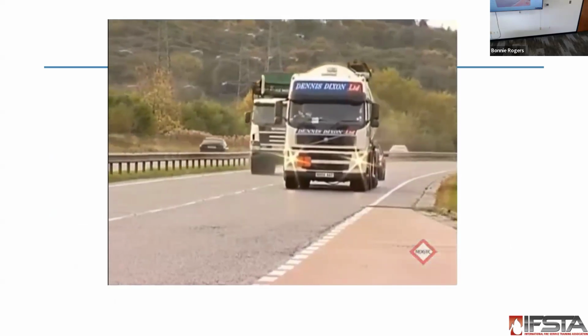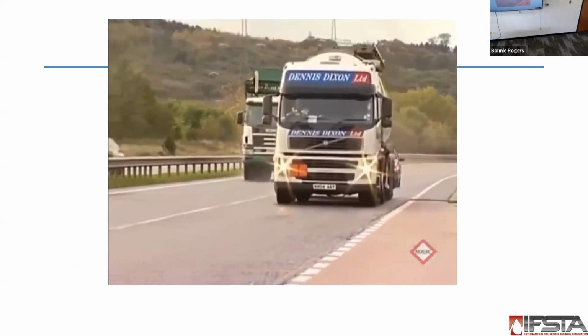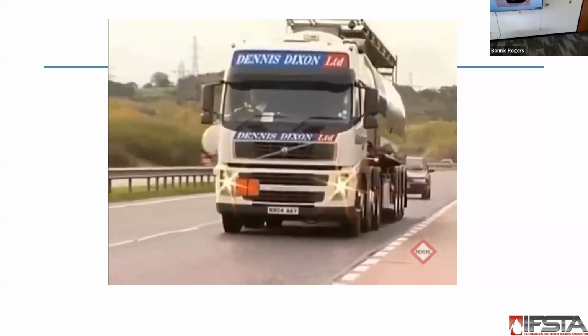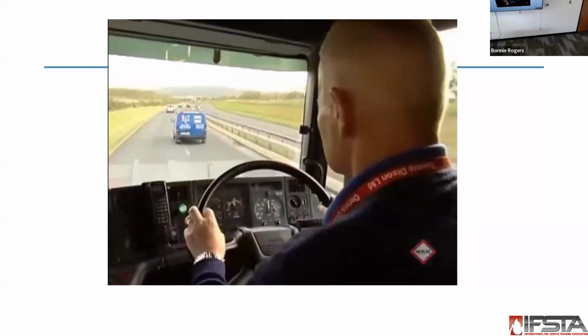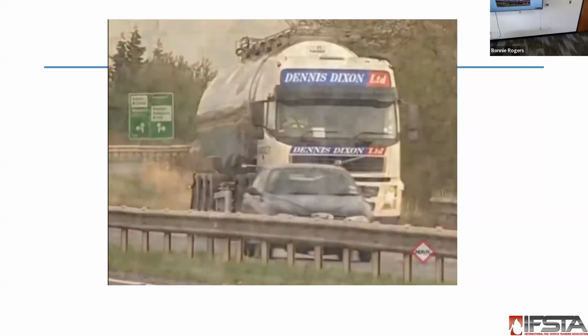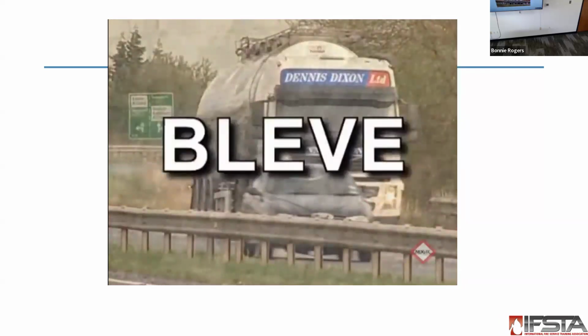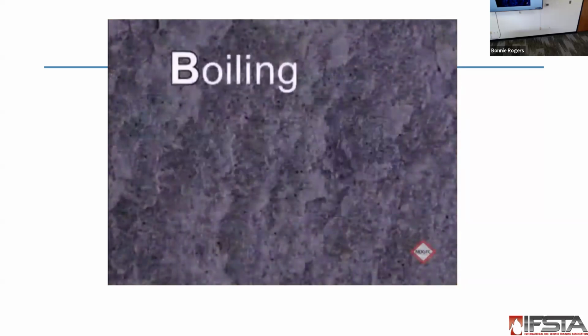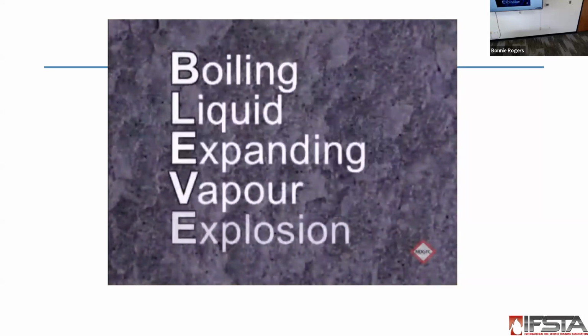In the transport of dangerous goods, fire is recognized by most drivers as a major hazard. But few may be aware of the potentially devastating effects of a BLEVE. Boiling liquid expanding vapor explosions have massive destructive force, likely to cause extensive damage over a wide area.